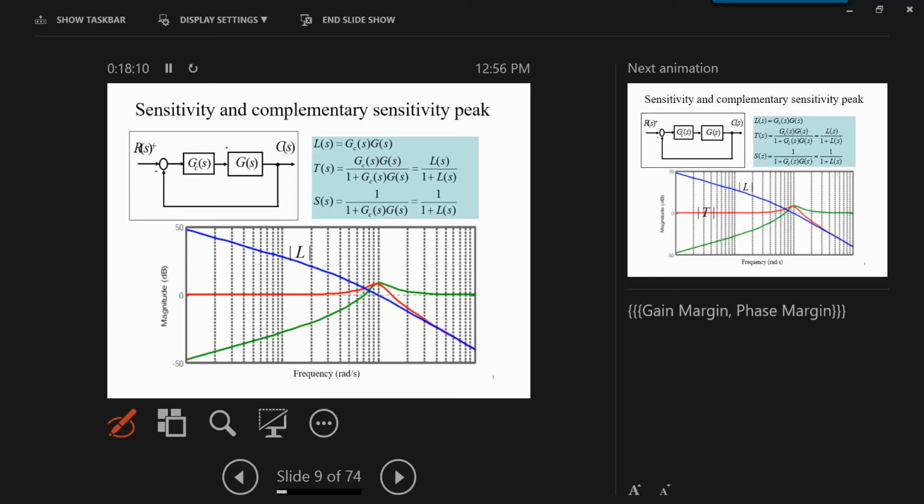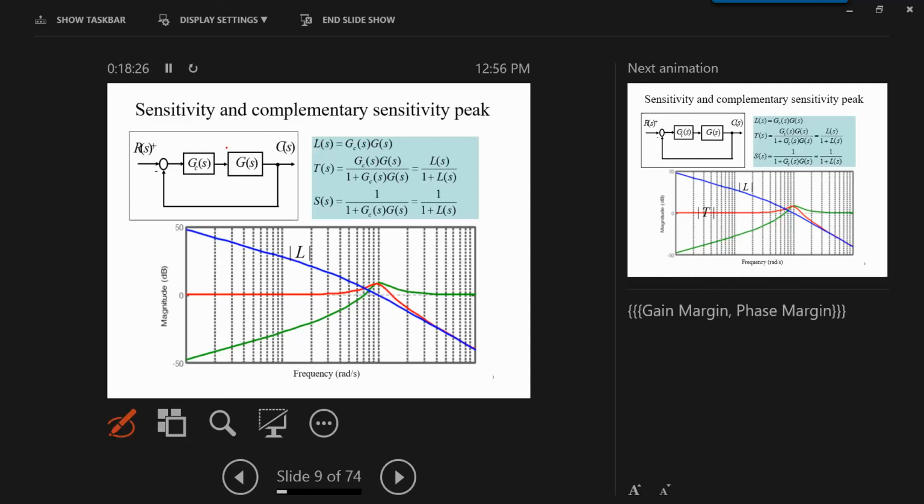How does this relate to the error for a unity feedback system? How does this relate to the error transfer function? How the error changes when you change one of the parameters.